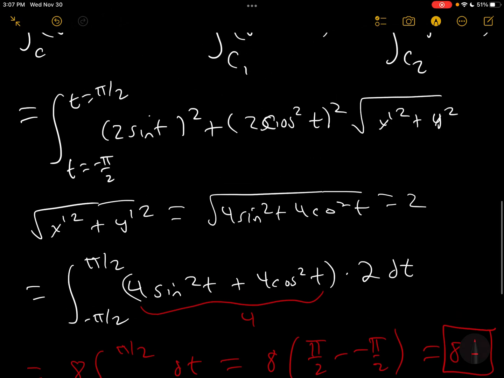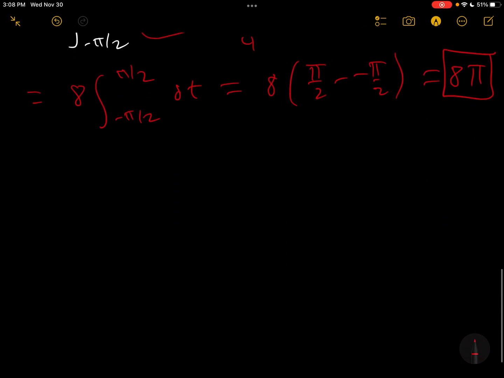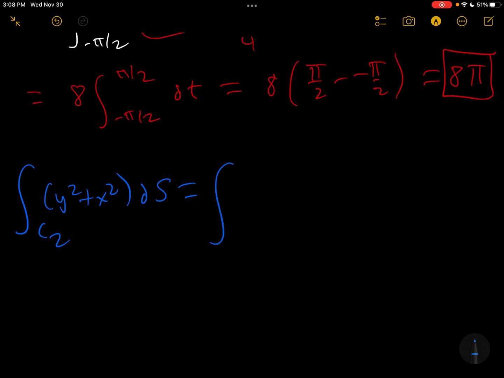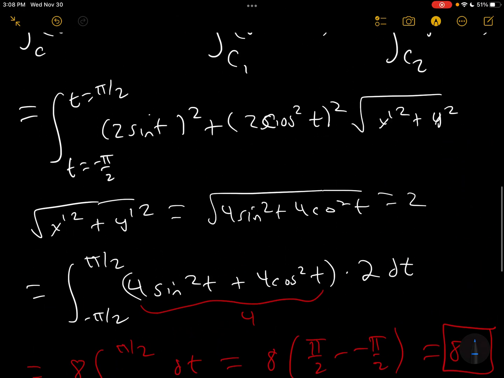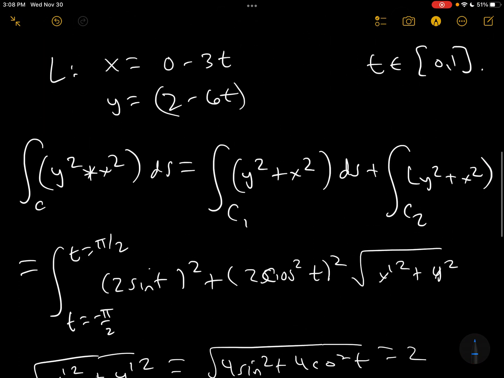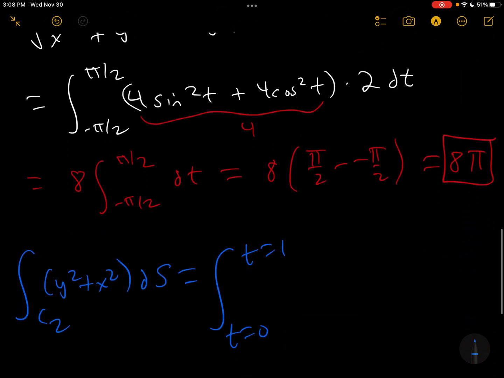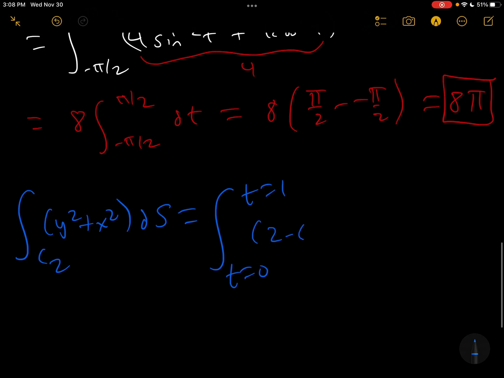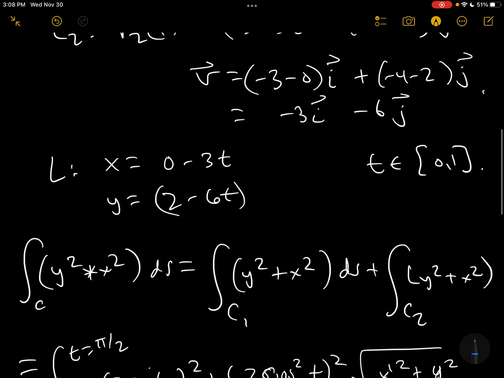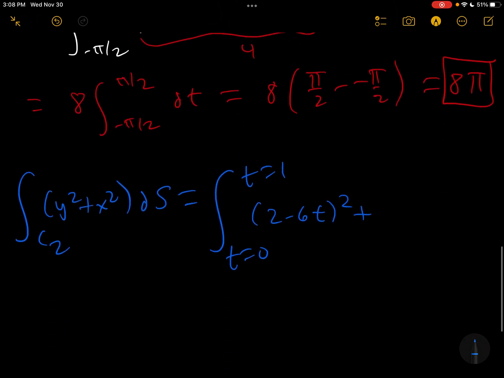And for the second integral, C2, we have, see here, in blue, y squared plus x squared ds, where t runs from 0 to 1. What's y? Y is 2 minus 6t. X is minus 3t.